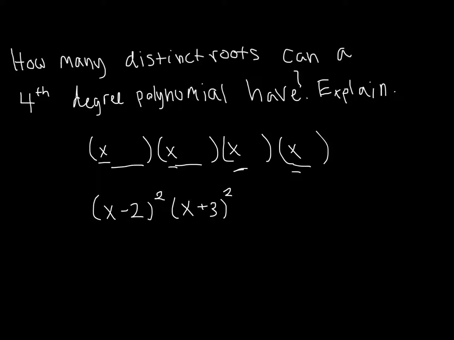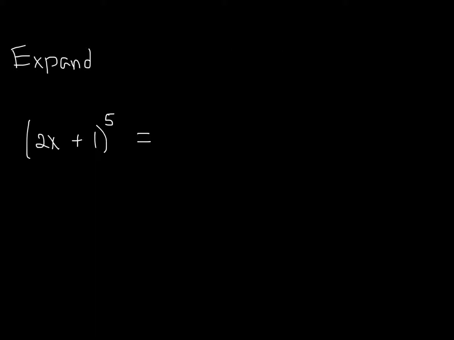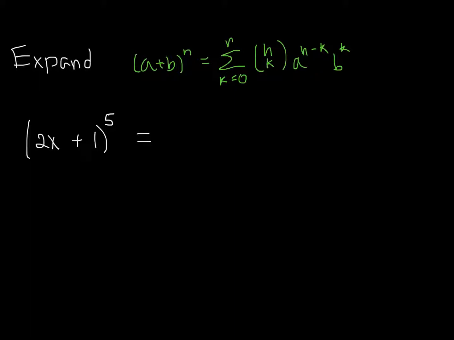The binomial theorem here: remember the binomial theorem is for any binomial (a + b) to the n. We expand it by taking the sum as k goes from 0 to n of n choose k, a to the n minus k, b to the k. When I go through this, I'll just write the first couple of terms out.